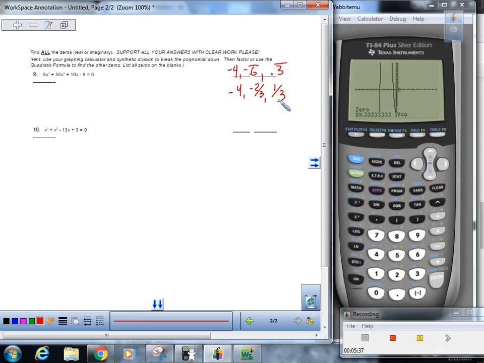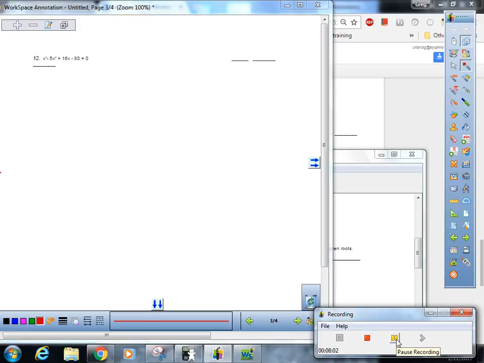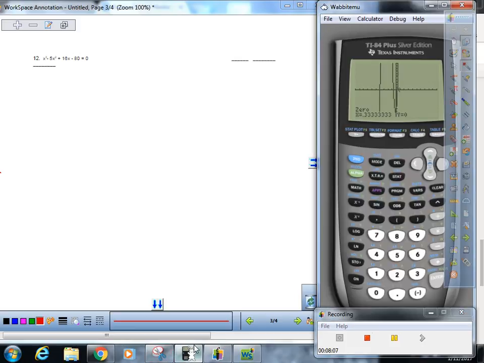Let's find one that we have to use some synthetic division and quadratic formula on. Okay, let's take a look at this one. So here's number 12.